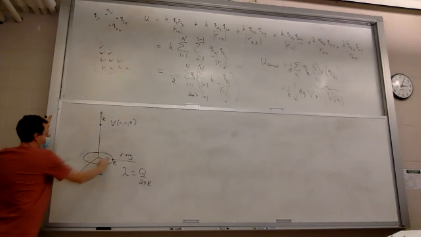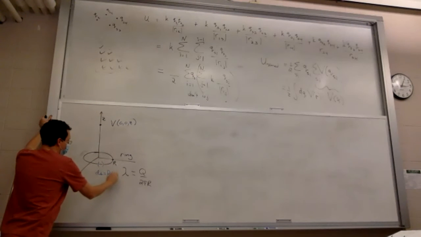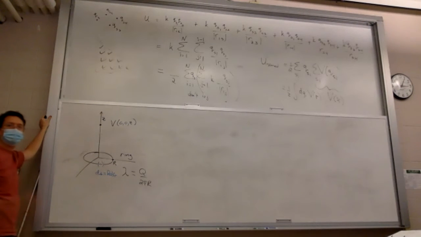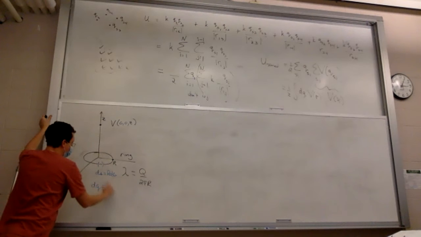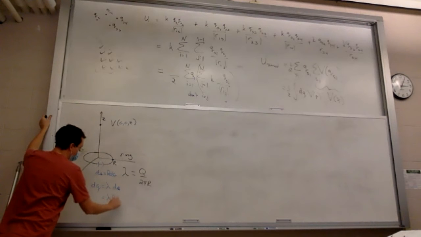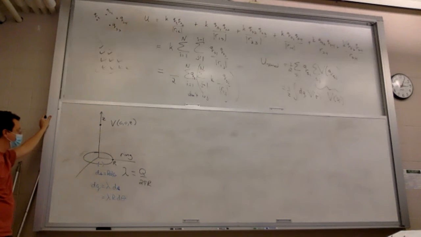Well, d theta is going to be related to ds. I can say that that's r d theta, but I want to know how much charge is in that little segment. I'd say it's just a little baby bit of charge, so I'd say dq, which is equal to lambda ds, which is lambda r d theta.